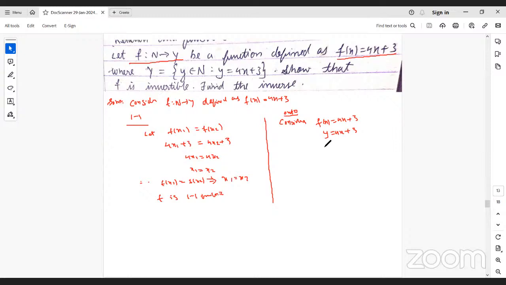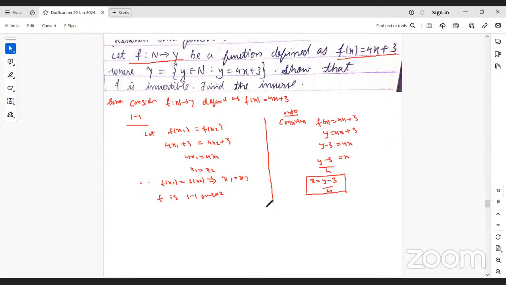So y minus 3 is equal to 4x, or x will be equal to y minus 3 upon 4. So here we are getting x is equal to y minus 3 upon 4. This is nothing but the inverse of the function we have obtained.